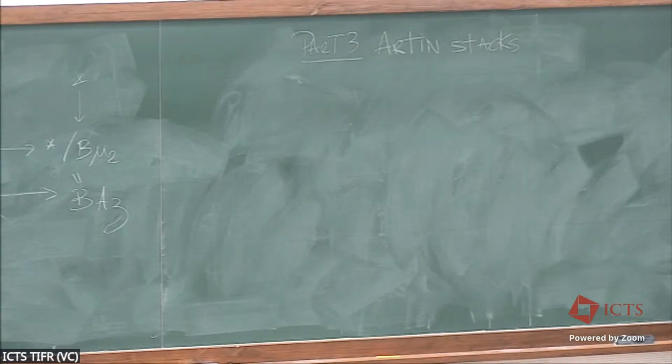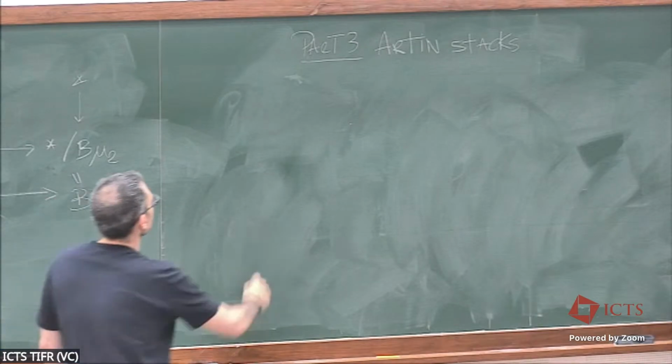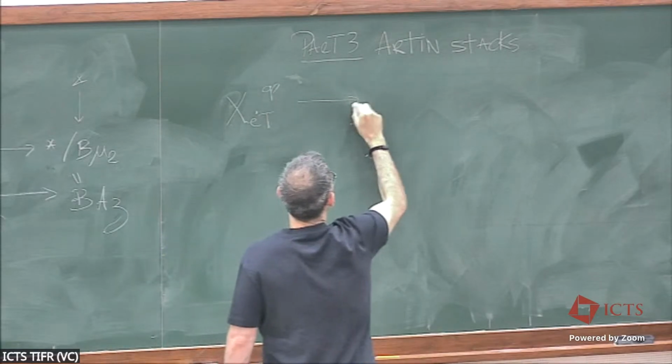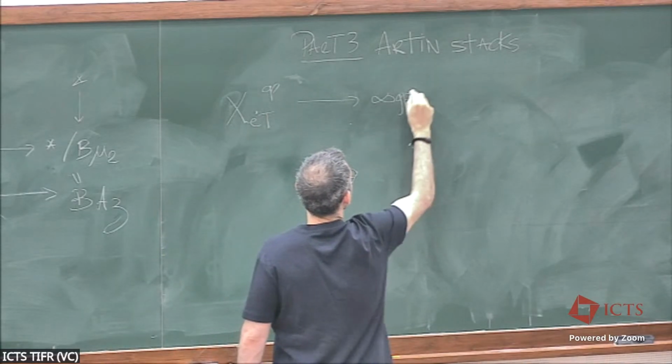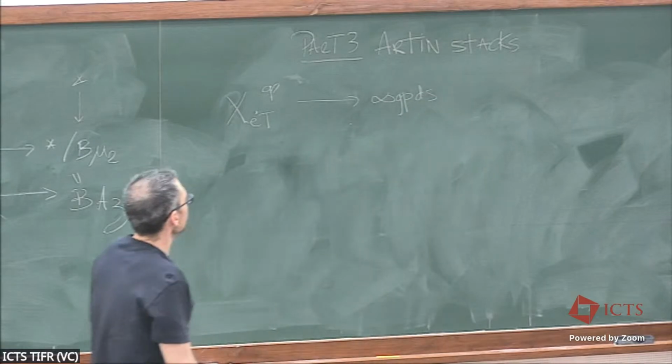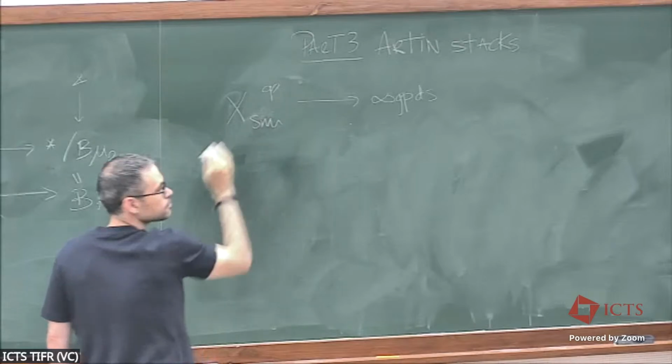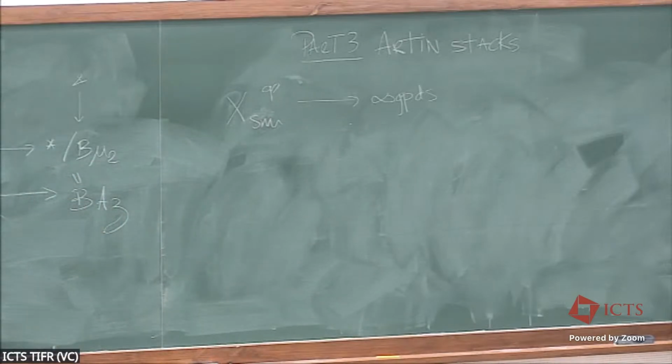I erased here the definition of the Darboux stack. The Darboux stack, as was defined there, was something defined on the étale side of X as a functor to infinity groupoids. But if I have an Artin stack, I probably want to put here the smooth side of X. My atlases are going to be smooth maps, and I want to be able to pull these charts back along smooth maps.